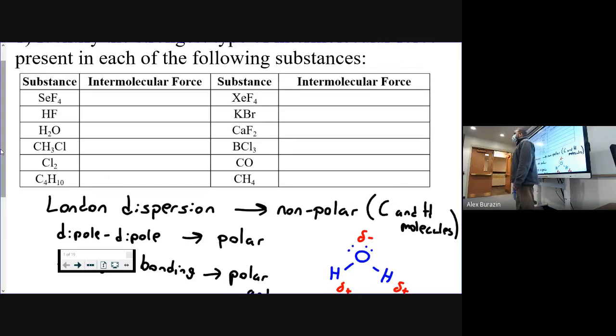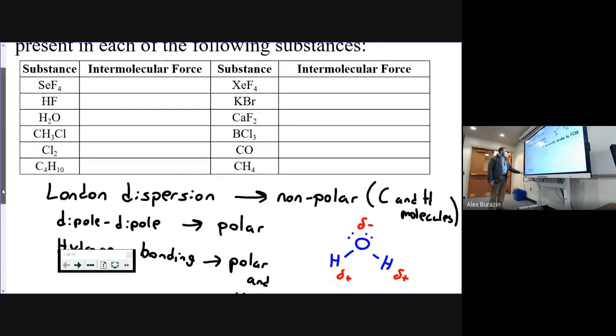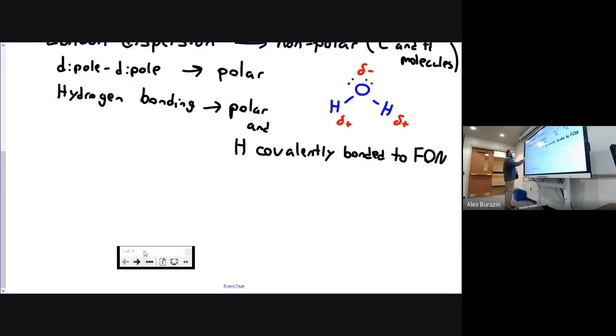What do they ask you when they ask you intermolecular forces questions? They generally will never use the word intermolecular force. They hide it. So we'll go IMF questions. What do they ask?